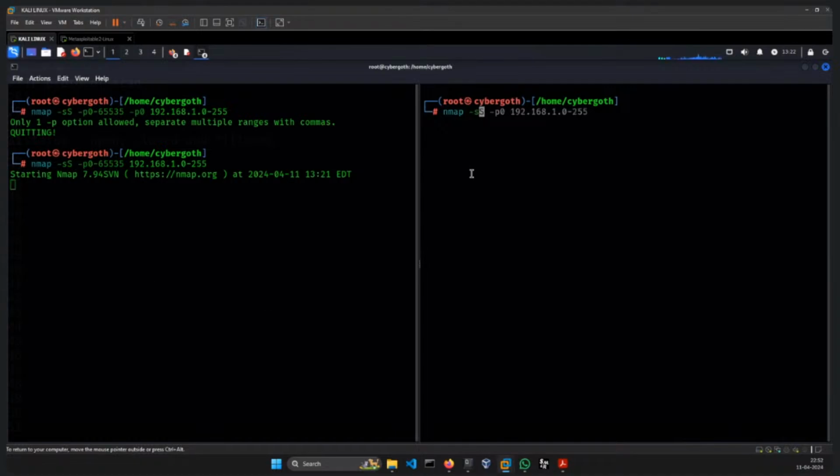Nmap -sS -p 80,443, then the range, right? These two are among the most famous and common ports, HTTP and HTTPS. So this will bring out the result for these two ports only.